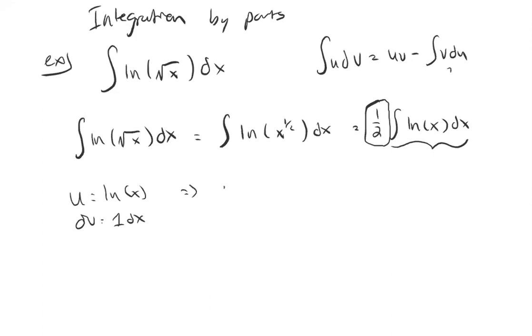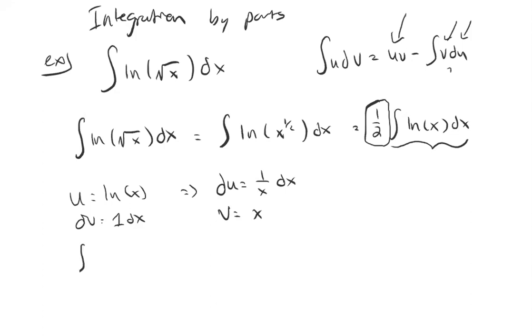That tells us that du is 1 over x dx, and our v is x. We're kind of building little pieces, okay, what's this piece, what's this piece? It's kind of like a recipe. We put it all together, boom, we have our integral. Because now we have this piece and we have another integral to solve, okay?